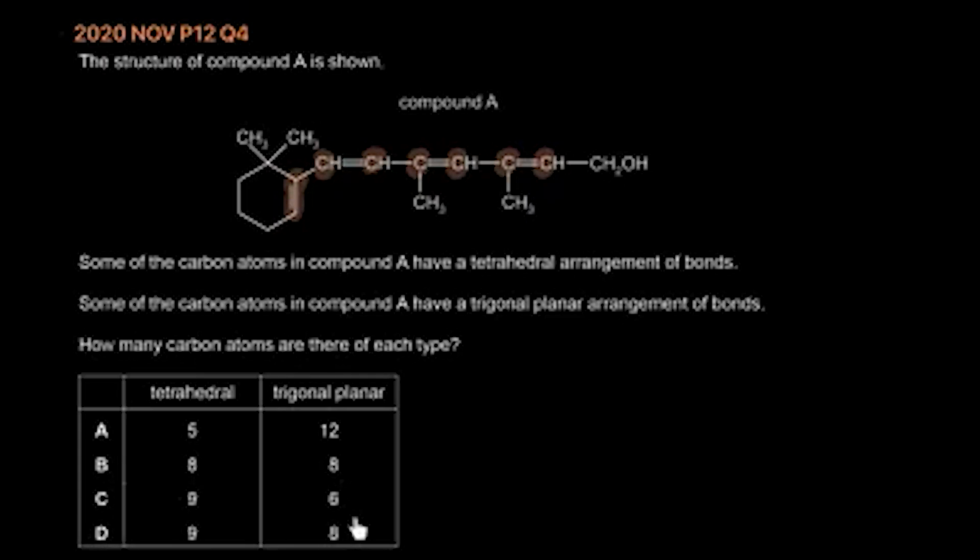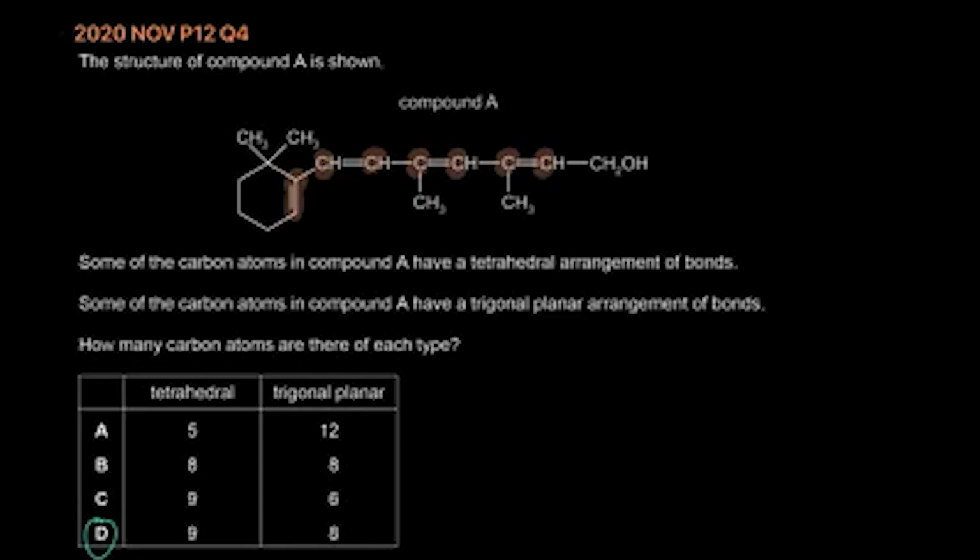So either B or D. Then you're going to find all the carbons that are tetrahedral, which must be the remaining carbons, honestly. And if you count them out, how many must there be? 9. You literally count 9. 1, 2, 3, 4, 5, 6, 7, 8, 9. That's how we got 9. So 9 tetrahedral and 8 trigonal planar. All right?